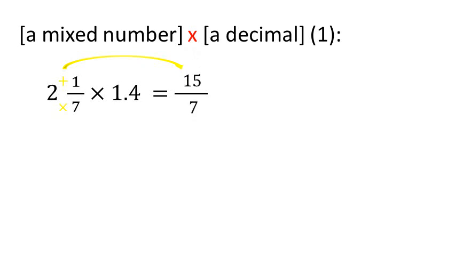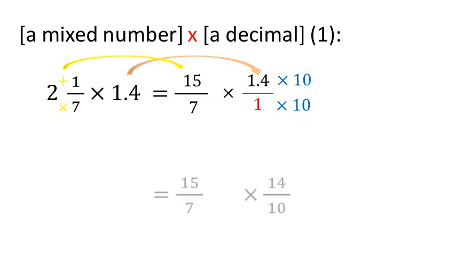A decimal 1.4 can be changed to 1.4 over 1. Because we don't want to have a decimal in a fraction, we multiply 1.4 by 10, and the denominator 1 also by 10. Then we have 15 over 7 times 14 over 10.